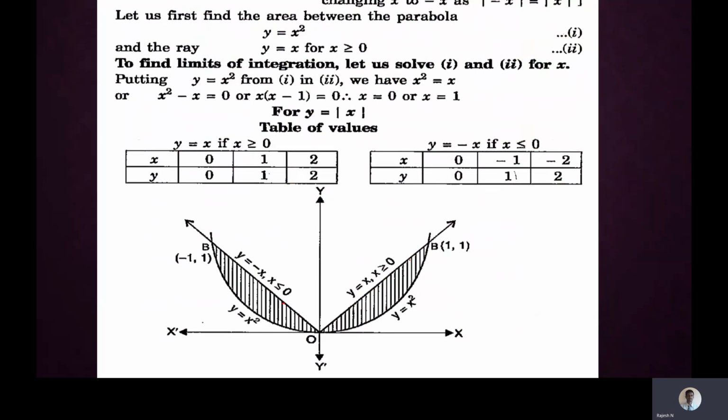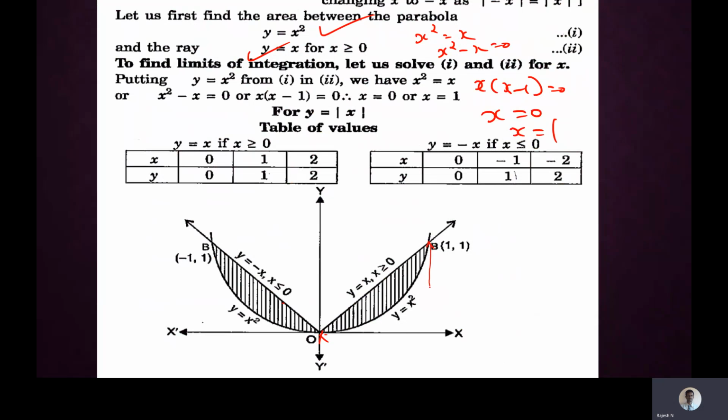So how to find out this area? What is the common portion? The common portion is y is equal to x squared and y is equal to x, for x greater than 0. So x squared is equal to x, so x squared minus x is equal to 0, so x into x minus 1 is equal to 0. So x is equal to 0 and x is equal to 1. Here is one common point, and here is one common point. So you find out the area.